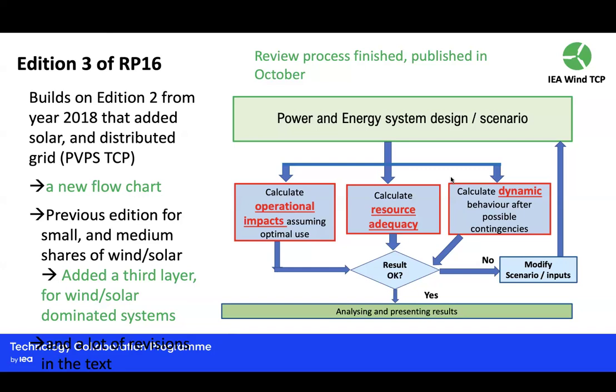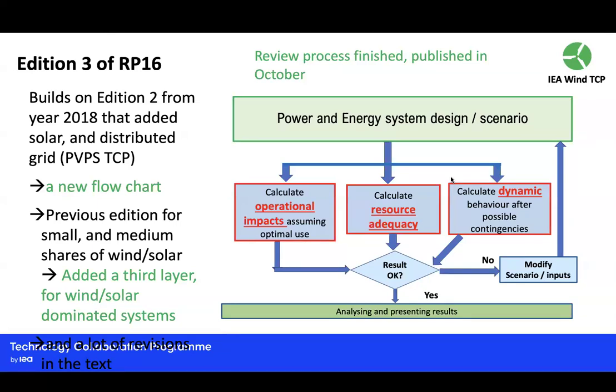So that was the first recommendations, and then we only looked at wind. When we made edition 2, we also added solar, and with solar, also a short section on distribution networks, because normally we only look at the system-wide simulation, so the transmission.